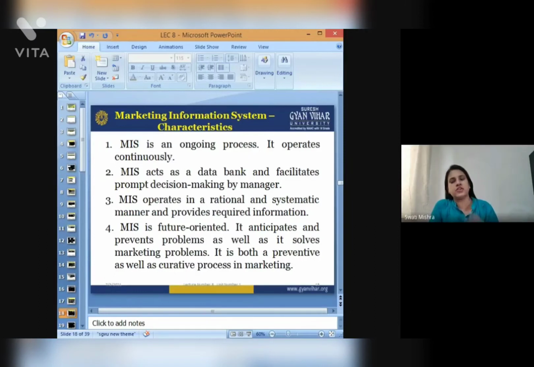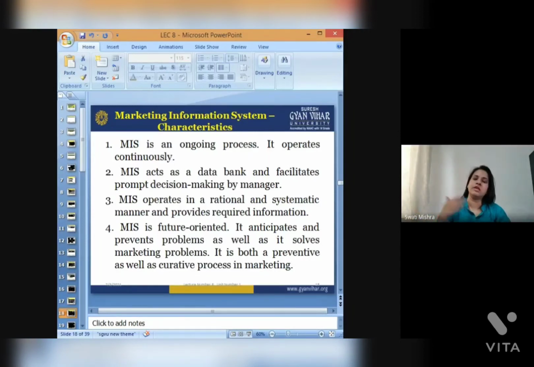It operates in a rational and systematic manner and provides correct and required, accurate information to the management for decision making. MIS is future oriented, and it anticipates and prevents problems as well as solves marketing problems also.